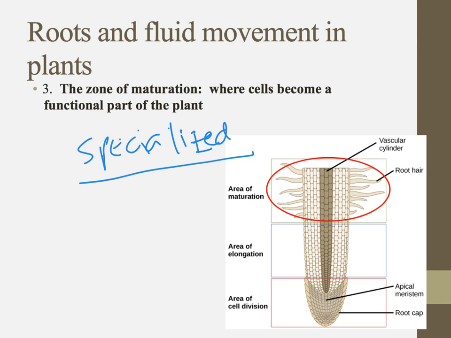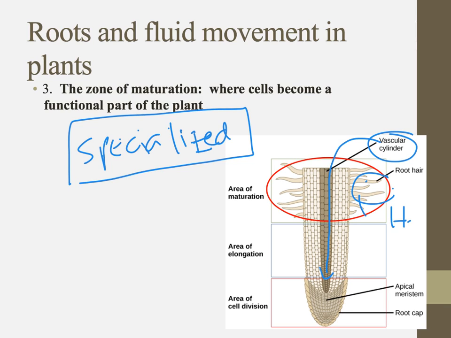So they're maturing into cells that are actually going to be functional. And here again is that vascular cylinder we were talking about. Because once these root hairs help absorb water from the soil, we need that to actually travel upwards to the rest of the plant, into the xylem. Okay, so something like that.